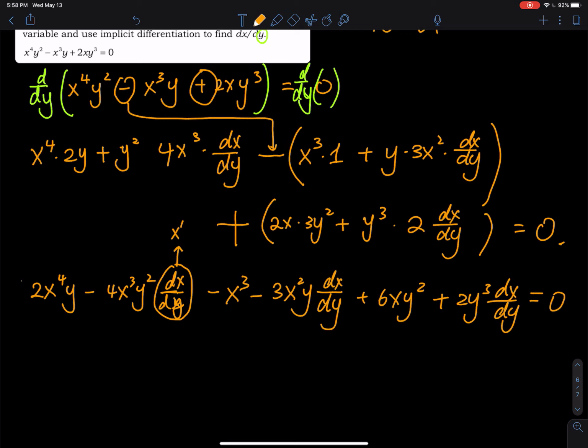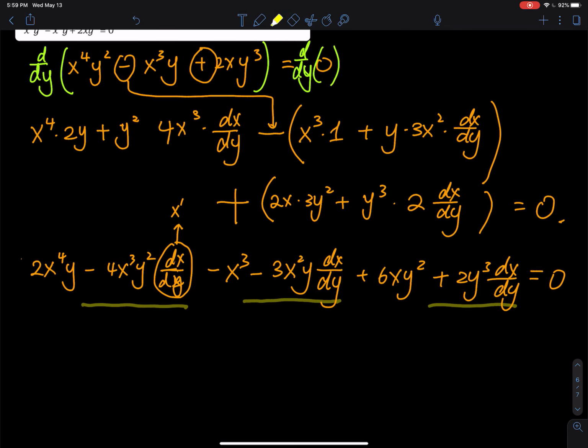Oh, okay, who needs to stay on the left? This guy, and that guy. They stay on the left. In the meantime, I will factor out dx dy. See, we keep doing dy dx because we get used to it.